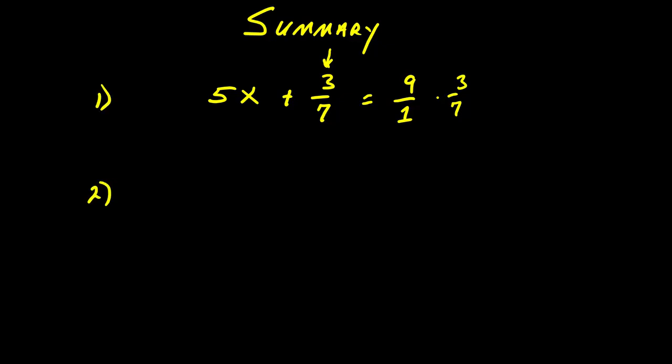And the second technique, we had 5x plus 3/7 equals 9. And in this case, instead of getting rid of this whole fraction in one step like that, all I did was get rid of the denominator. Once I get rid of that denominator, I have whole numbers all the way across, and we solve the fractional part of that at the end.